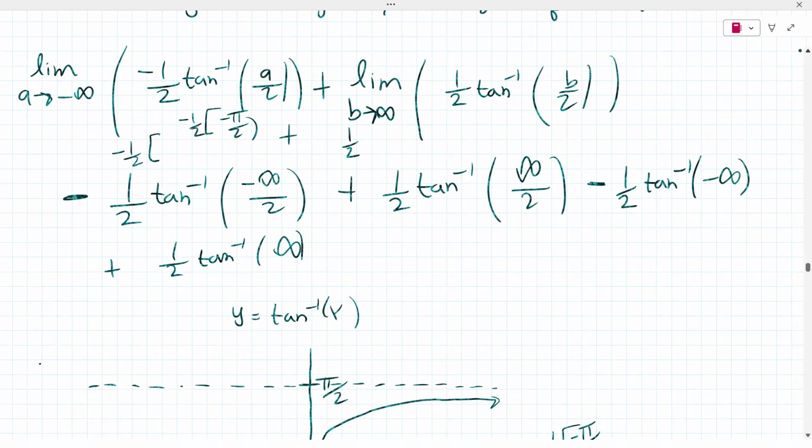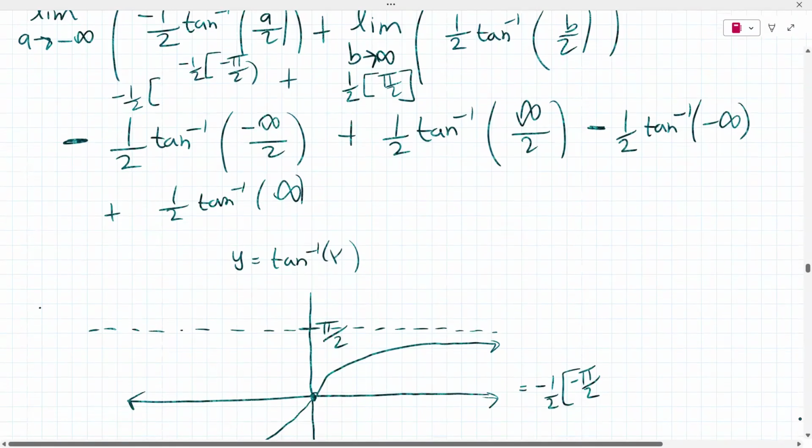What's the tan inverse as b goes to infinity? If you look at the tan inverse, as b goes to infinity, the y value is positive pi halves. So it's going to be positive 1/2 times pi over 2, right? As you go more to the right, the y value shoots up to positive pi halves. And I think these all cancel out.